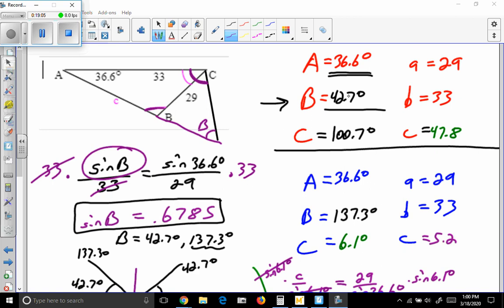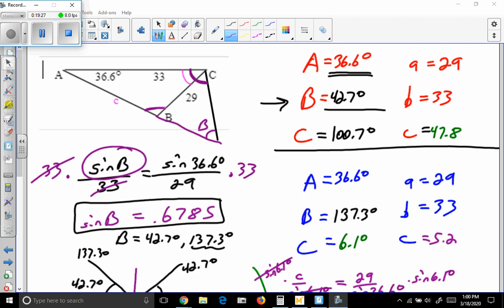If when we figure up our second value for B, that puts us over 180 degrees when we add that to the angle we already know, that would not be possible. So in that case, we would just mark that solution out.